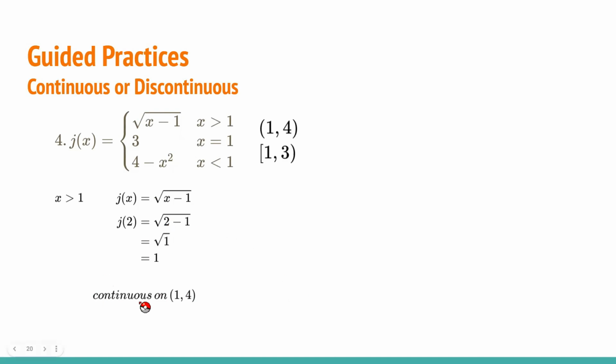Again, the reason behind that is whatever value that we use, which in this case, we can only use 2 and 3, we will always have an answer. So that means there are no gaps or holes in the graph. Next, for the closed interval 1 to open interval 3.